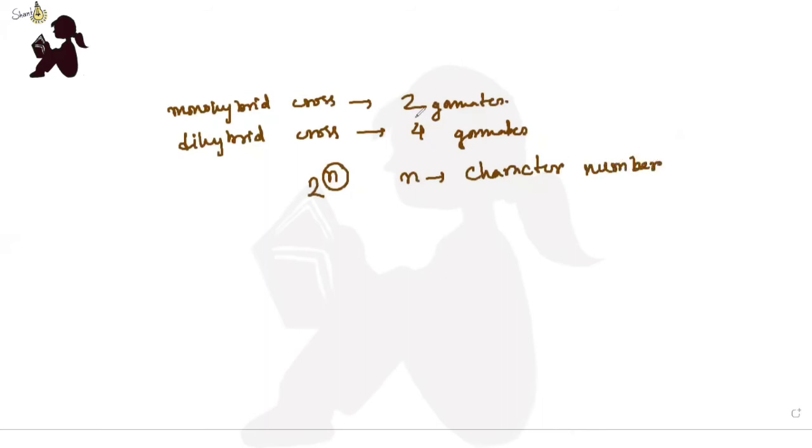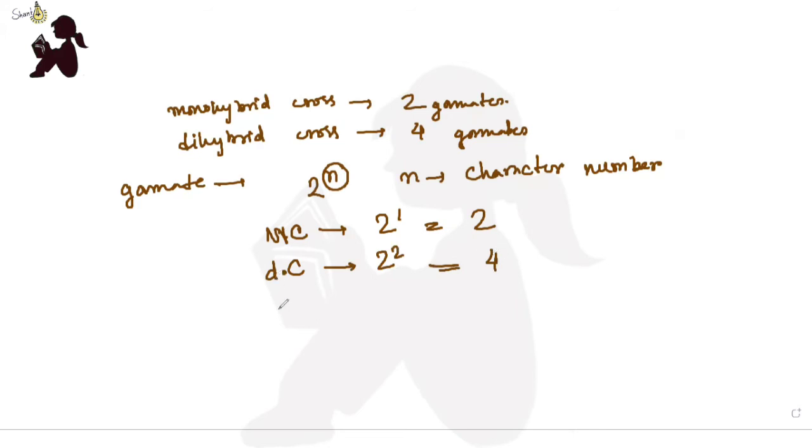In monohybrid cross, it is 2 to the power 1, means 2 gametes. In the dihybrid cross, it is 2 to the power 2, means 4. In trihybrid cross, it will be 2 to the power 3, means 8 gametes. So this is the formula behind the number of gamete calculation.